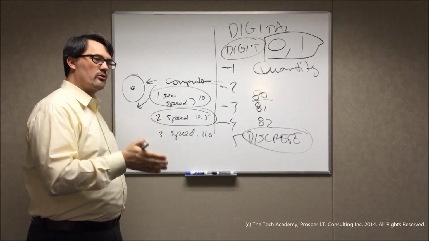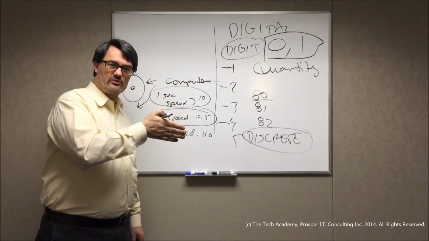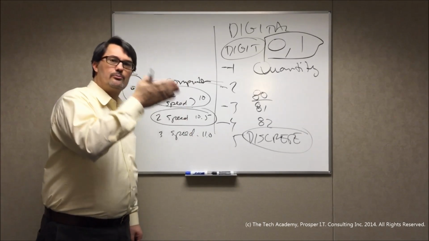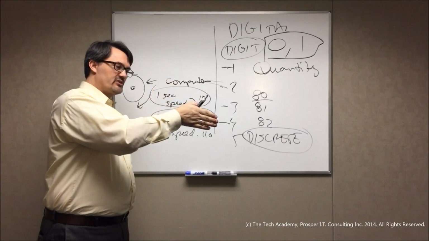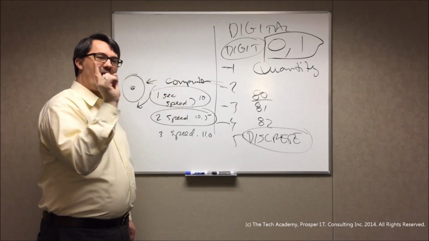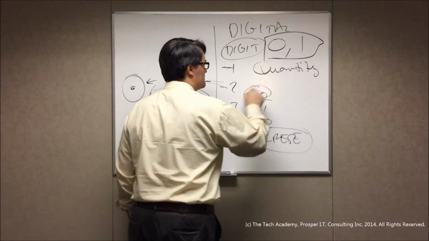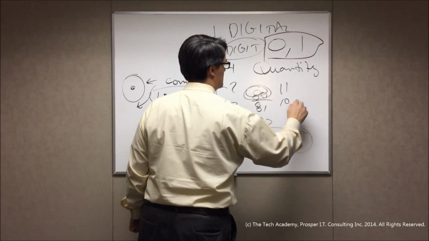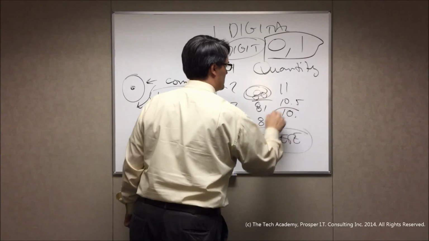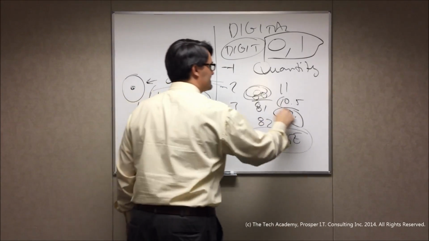You make the computer read what's happening in the physical universe at exact, precise intervals. And it takes what it finds out about the physical universe and converts it to a discrete, exact number. It's exactly 10. It's exactly 10.5.